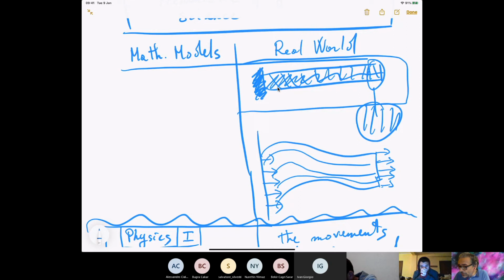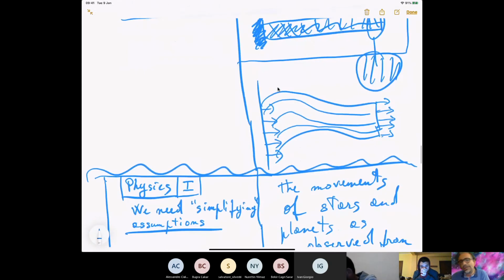Anybody who has any idea of what turbulence is should know that to describe a turbulent motion of a fluid is simply a nightmare. Nobody knows how to model turbulent motion.